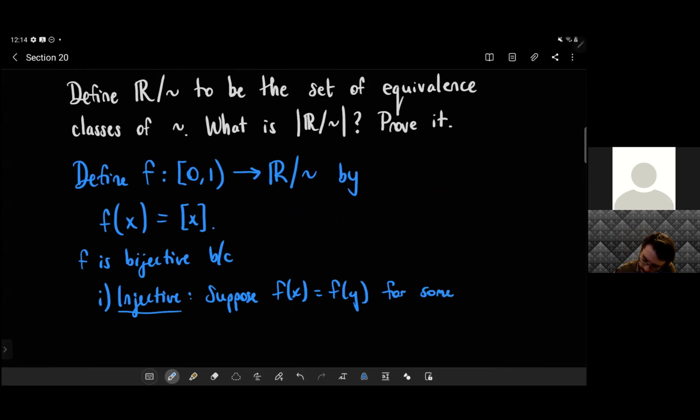Suppose they're in our domain, from 0 to 1. Then that means the equivalence classes are equal.